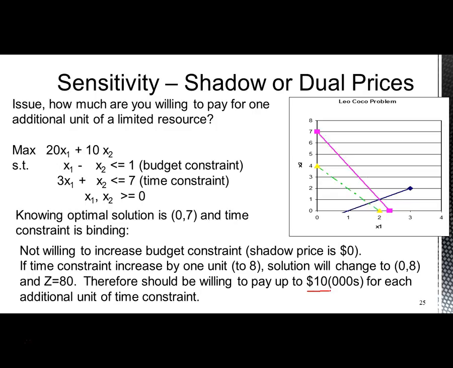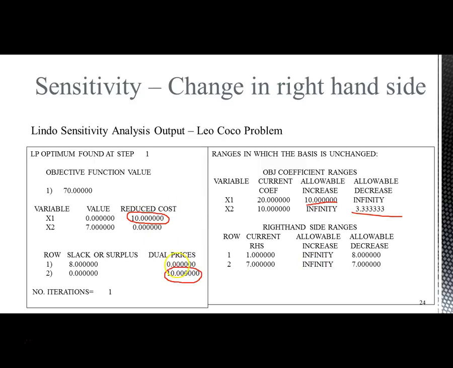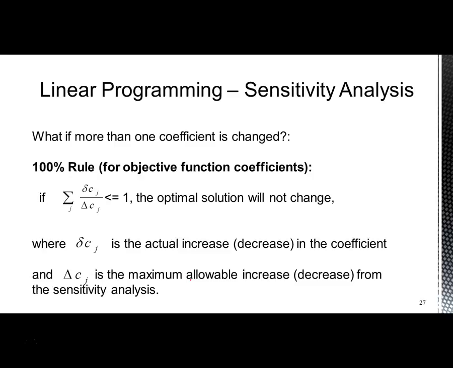So from the dual prices or reduced cost, or the shadow price in Excel, that gives you the idea of how much it will increase or decrease. Okay, right. So next, this is exactly the same thing.